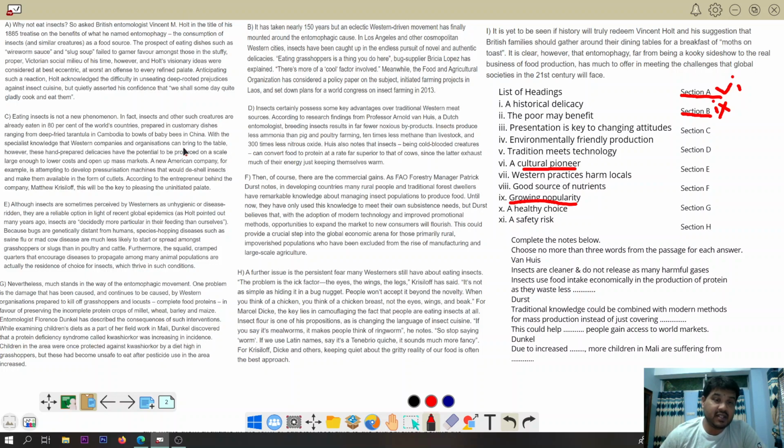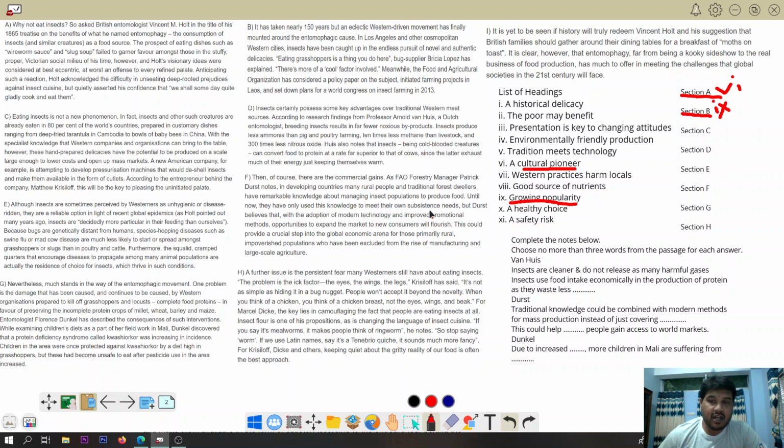Western companies and organizations can bring the technology, or the specialist knowledge, to the table, and then they're talking about the traditions that they followed in China or in Cambodia.